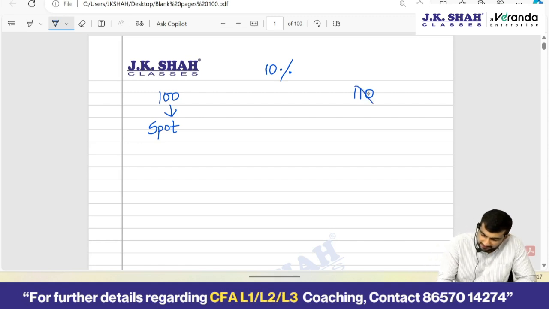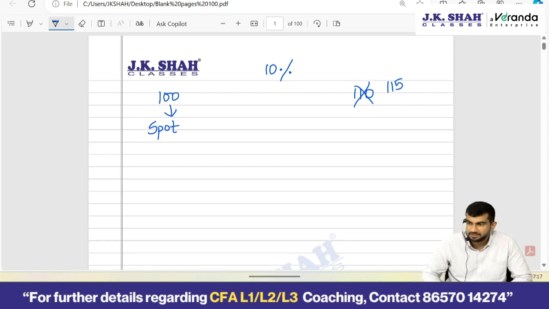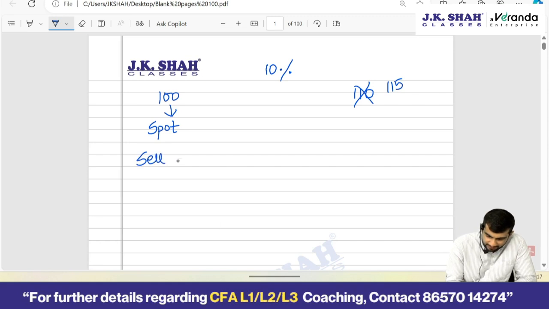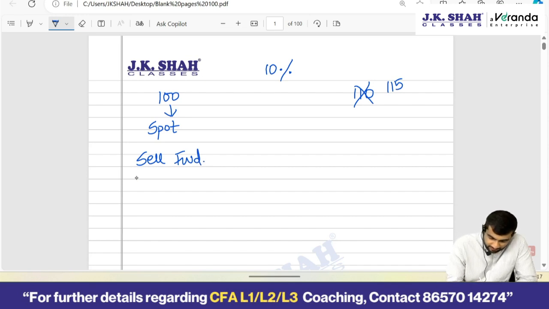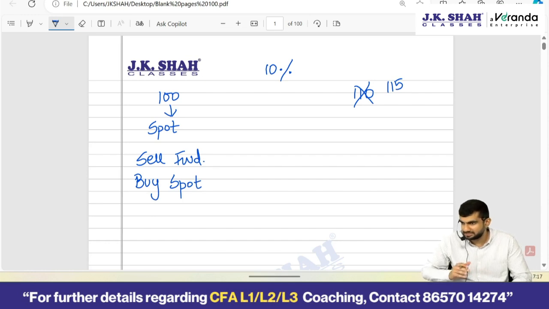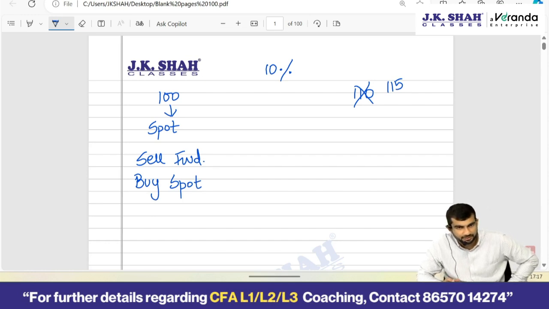But in case it is 115, it is overpriced, and we have arbitrage opportunities. So sell forward. Whatever action you take in forward, the exact opposite action you have to take in the spot market, so you buy in the spot market. Now literally you will be carrying this commodity, assuming it's a commodity, for 1 year. This is called cash and carry arbitrage.